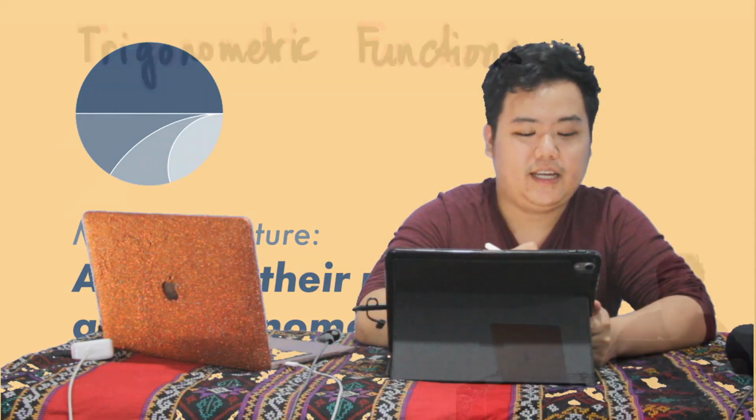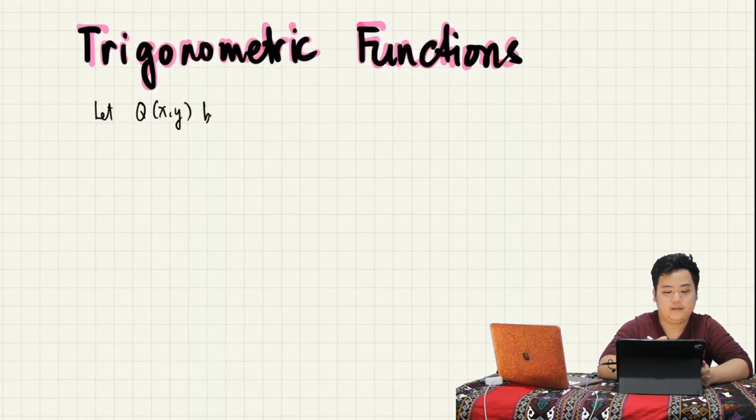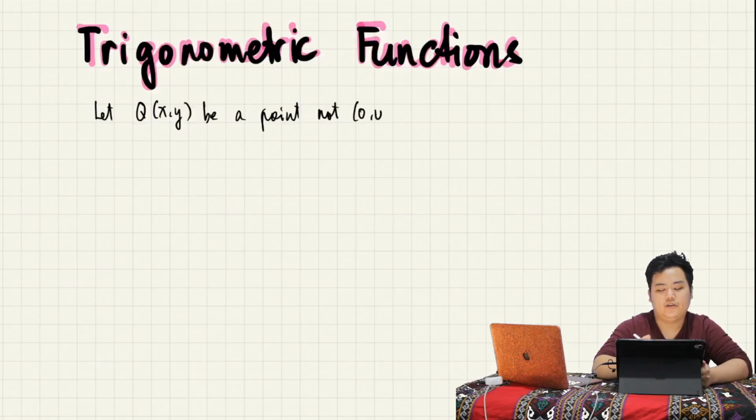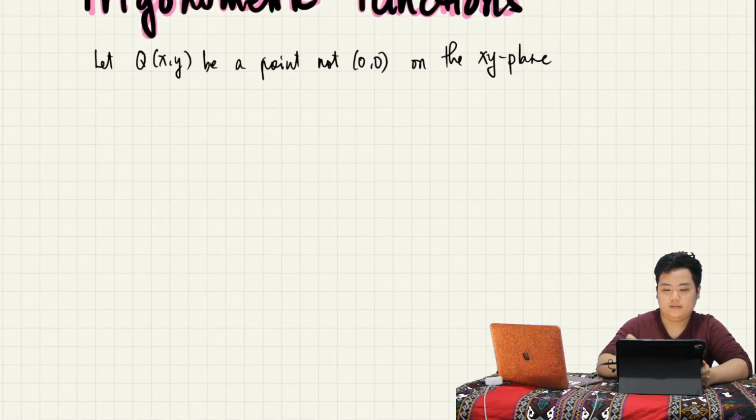Okay, so suppose we have a point Q which has coordinates (x, y) on the xy plane. Let us add the assumption that it is not the origin. So let us draw our xy plane.